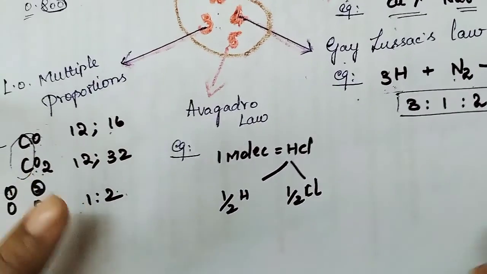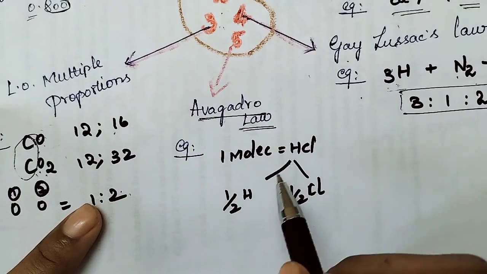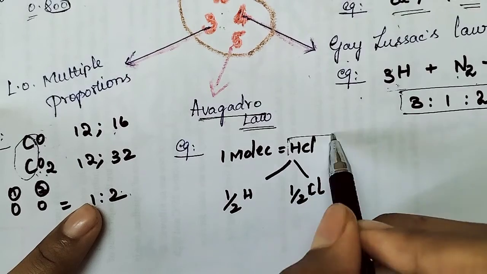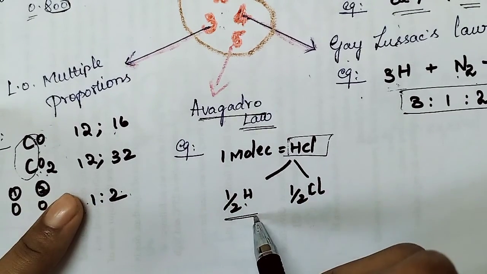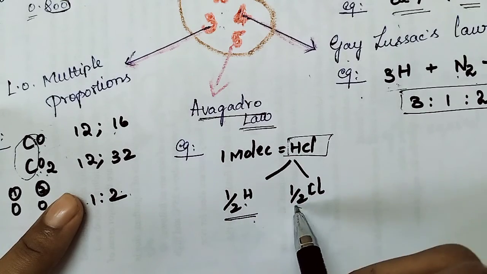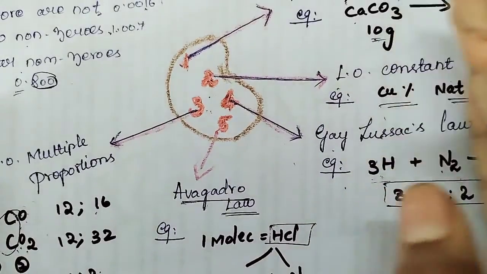Next, Avogadro, of course we know Avogadro for his mole concept. Likewise, if you take one molecule of HCl, here we have half mole of hydrogen and half mole of chlorine. So that's the laws of chemical combination.